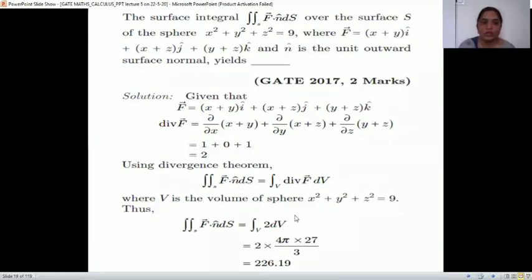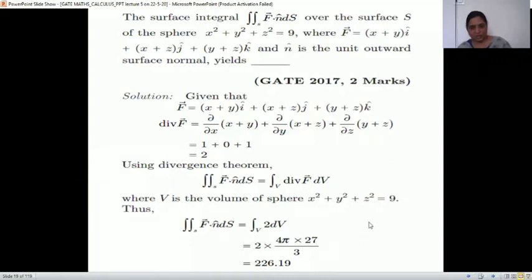We know the volume formula: 4 by 3 pi r cube in case of a sphere.